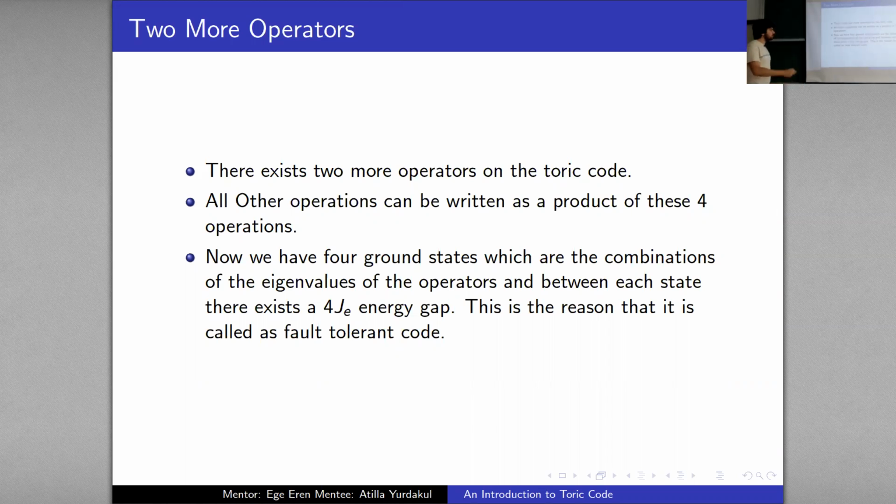And between each of the operators, there is this 4G sub A energy gap that we have found. Because of this reason, these results are being used in quantum computation, and this is called a fault tolerant code because there is a 4G sub A energy gap.